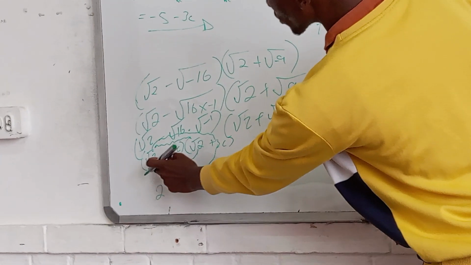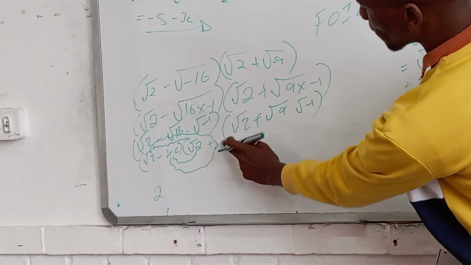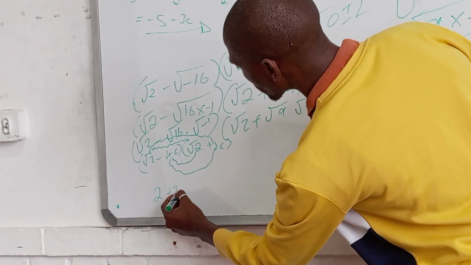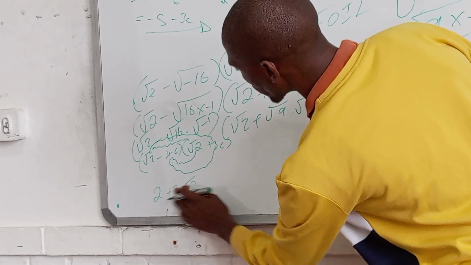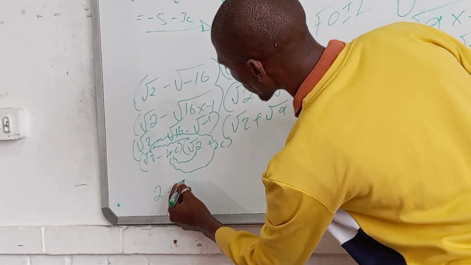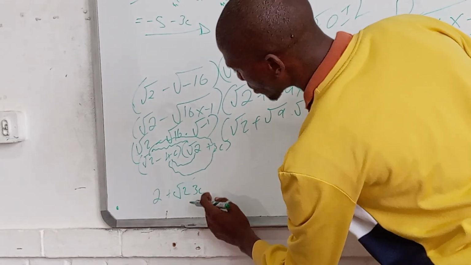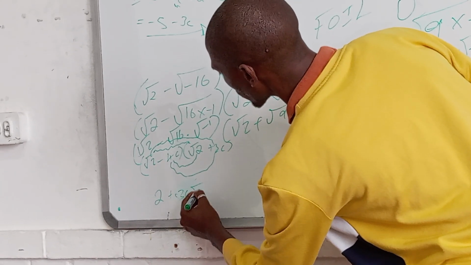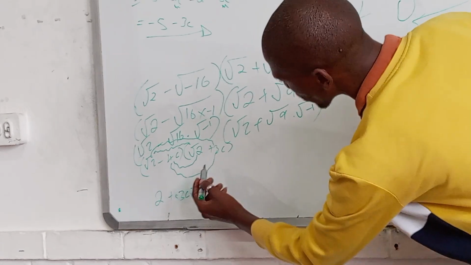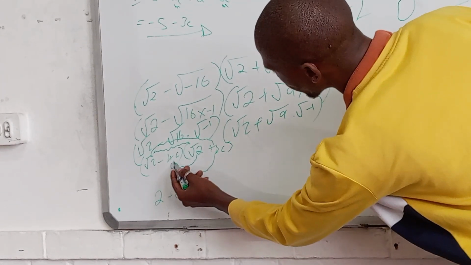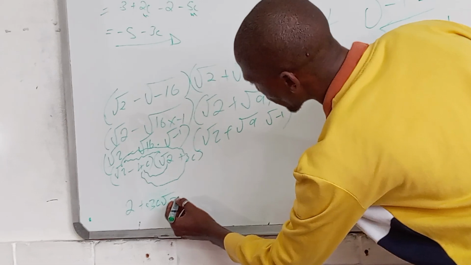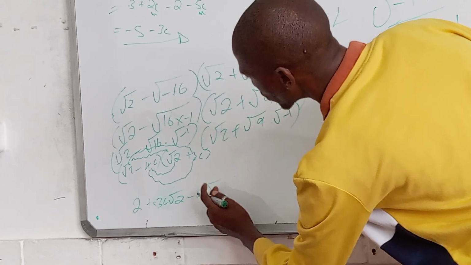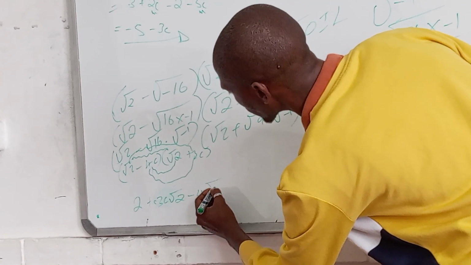Then negative square root of 2 times I, and then plus 3I times square root of 2. Let's put 3I square root of 2, right? Then this one times negative 4I times square root of 2 will be negative 4I square root of 2.